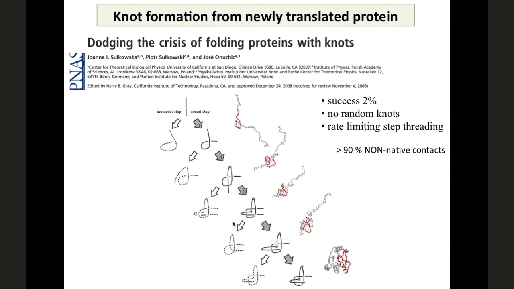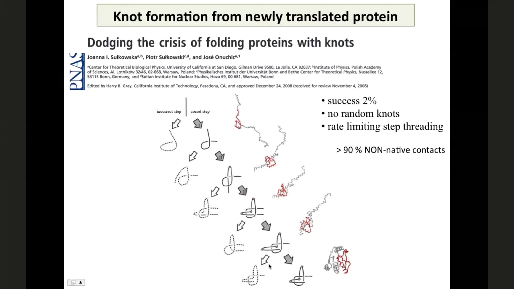And we constructed a structure-based model with José Onuchic, and we found out that indeed it is possible to fold the protein. However, we do not observe random knotting, but instead a very precise pathway, in which the protein makes a native twisted loop, which you can see here. So this is almost the native conformation of the protein.